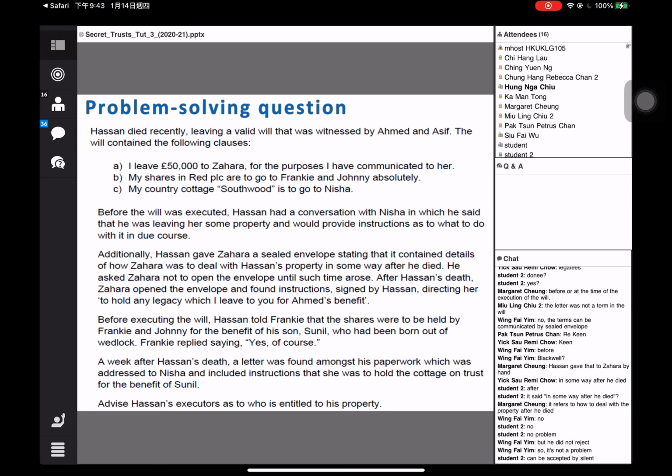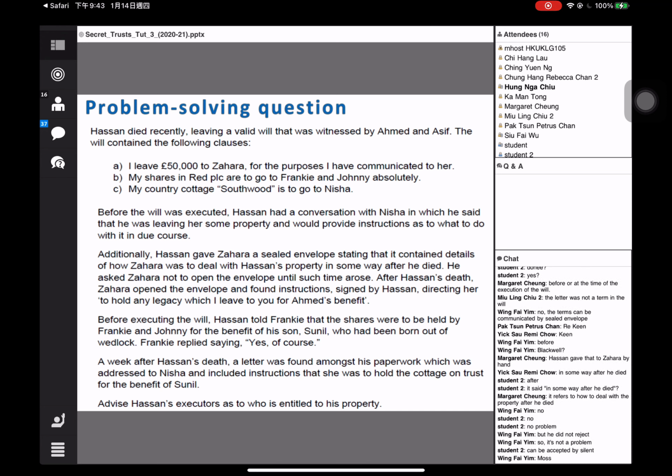She doesn't reject. Yeah, it can be accepted by silence. Yes, it can be. Case authority for that? Which authority would you put in brackets? Good. Yes, Moss and Cooper. You can accept by acquiescence through basically saying nothing at all. Okay.